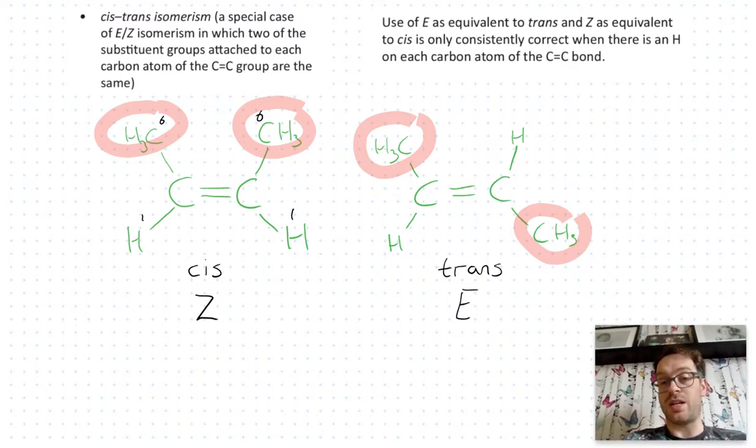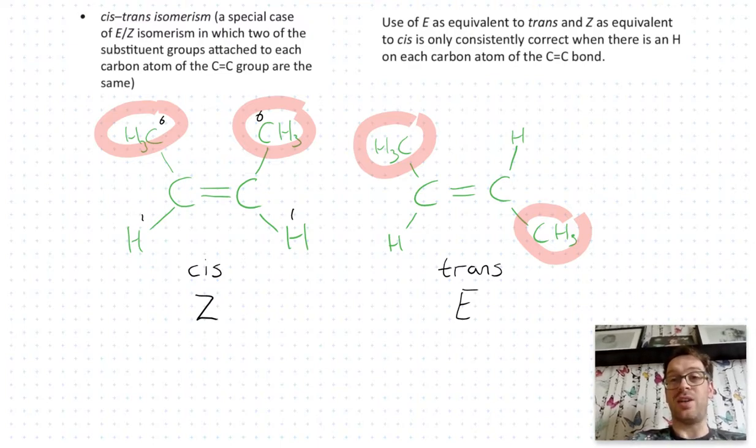So the other groups attached will always take the highest priority, and you will always end up with this relationship here that cis and Z and trans and E will be partnered in those particular ones. Now you can only use this as a hard and fast rule when each carbon has a hydrogen.